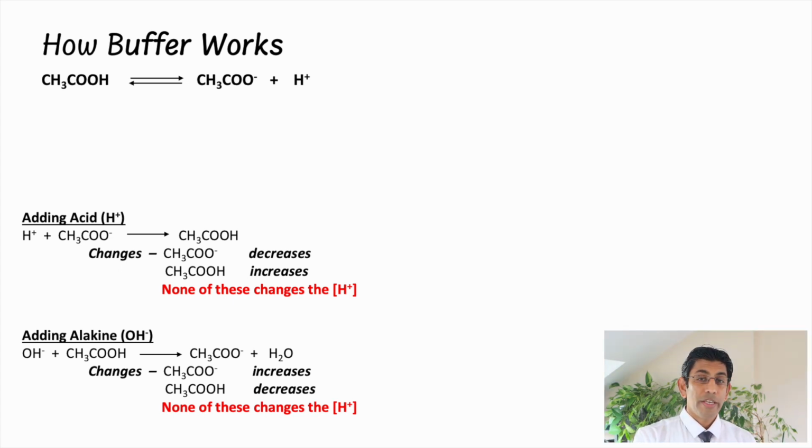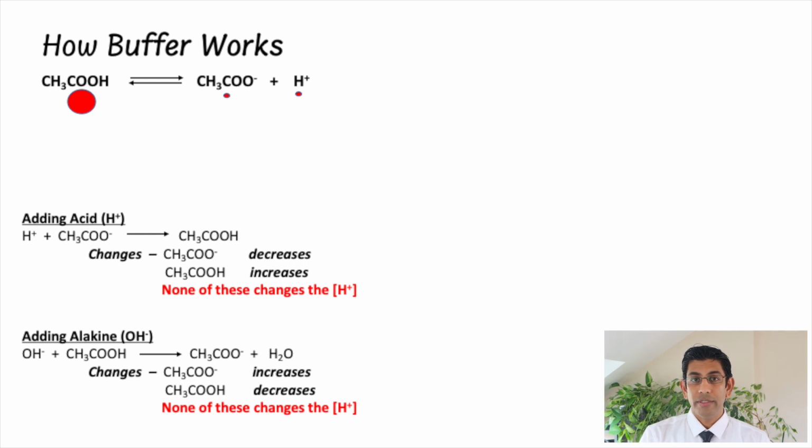Now, if I take you back to adding acids to the buffer, as I mentioned earlier, when you add acids to the solution, it's going to react with CH3COO minus to form CH3COOH. But you remember, the weak acid dissociates partially, and when it dissociates, the amount of CH3COO minus ions and H plus ions forming is very, very little.